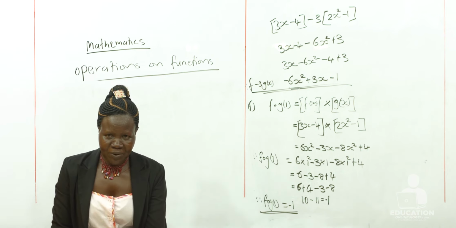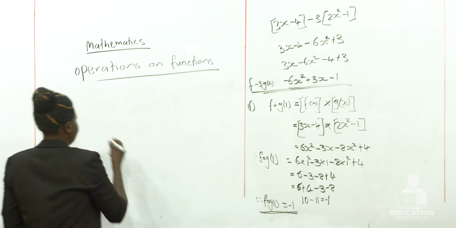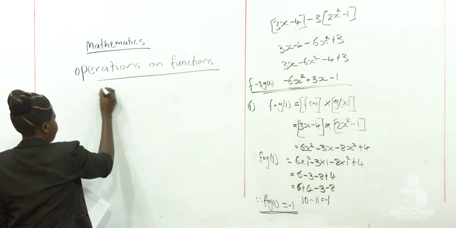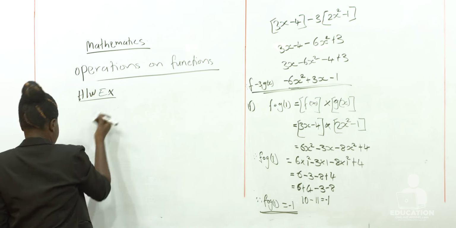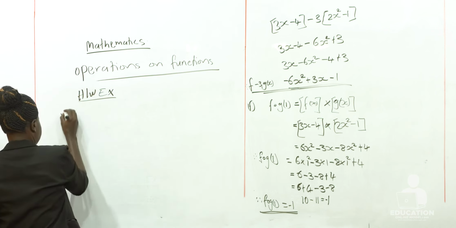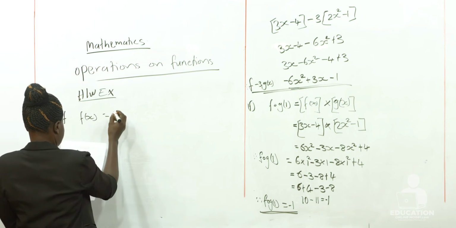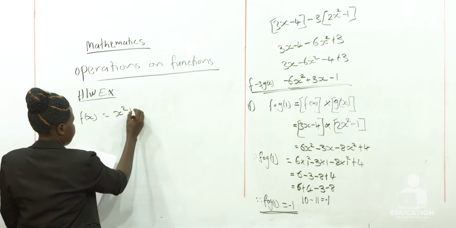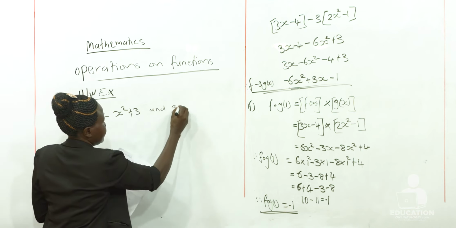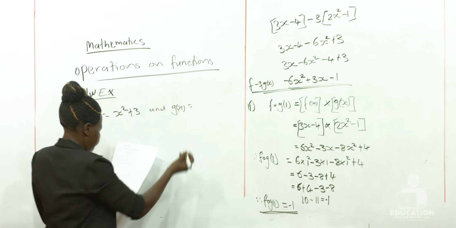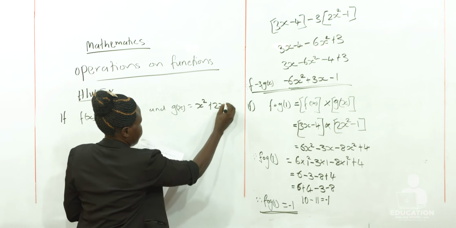But before we close up, I want you to take these two questions as your homework exercise. Please take this as your homework exercise. Say if f(x) equals x squared plus 3, and g(x) equals x squared plus 2x plus 3.